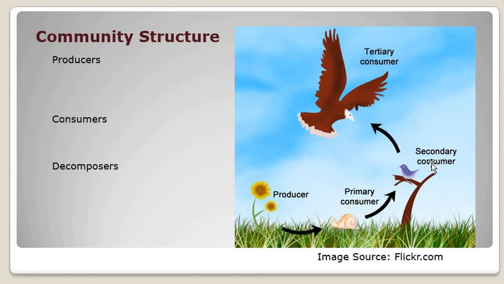The consumers which feed on other animals are called carnivores. These are called the secondary consumers, which feed on the primary consumers. Similarly, the tertiary consumer feeds on the secondary consumers, like lion, tiger, and even the hawk or eagle. They are treated as tertiary consumers.